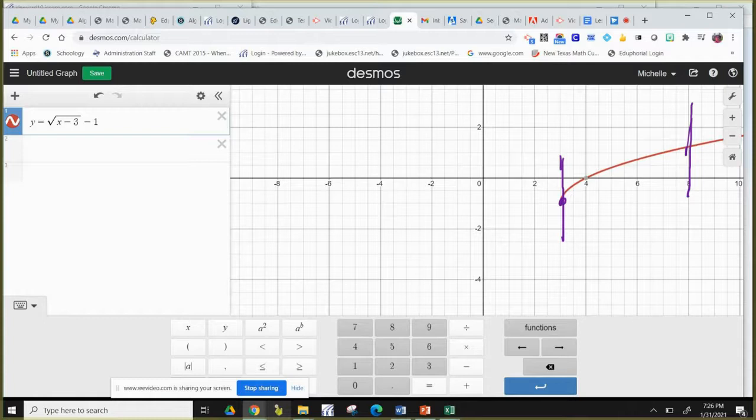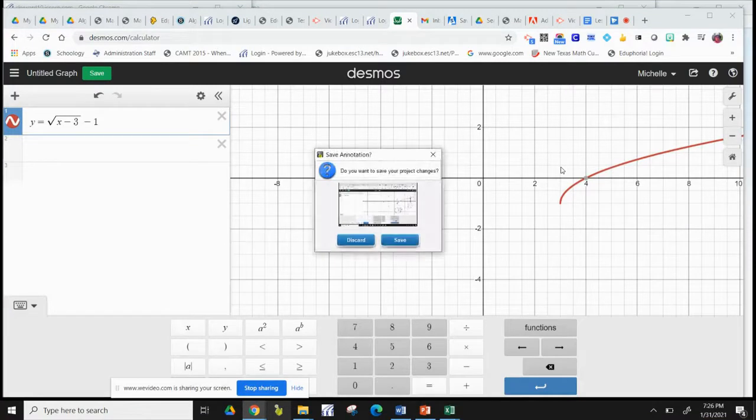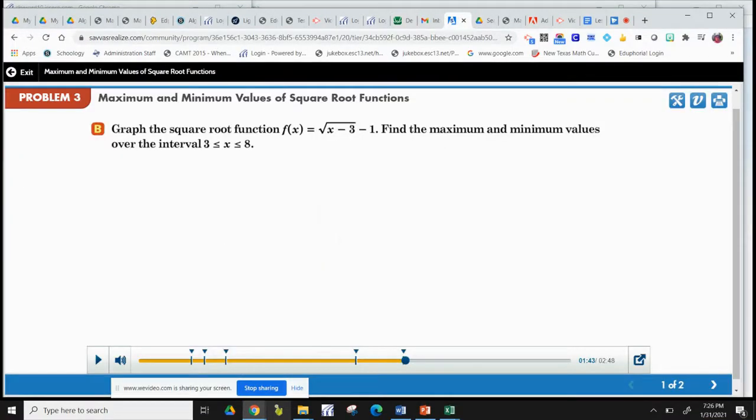Where x is 3, the y is negative 1. And where x is 8, the y is positive 1. So you look for those x values on that interval and then find the corresponding y values. And that's what they're going to tell you here.